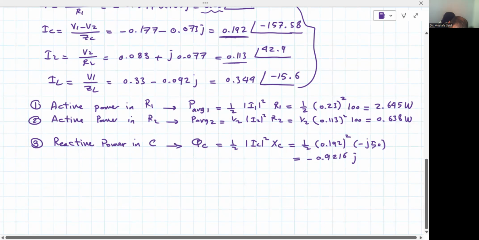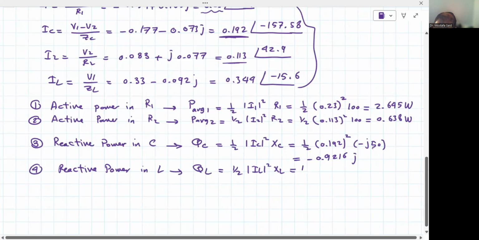Number four, the reactive power in the inductor L, QL, is half IL amplitude squared times XL. Very simple. Half, where is IL? Here is IL.